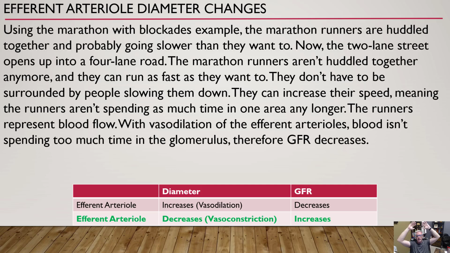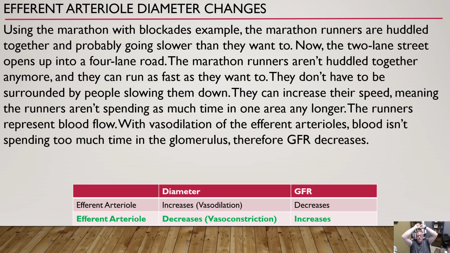They don't have to be surrounded by people slowing them down. They can increase their speed. So again, the runners represent blood flow, and the street represents the glomerulus. So now we're talking about the efferent arterioles. Once the street opens up into that 4-lane road, the runners can kind of disperse.